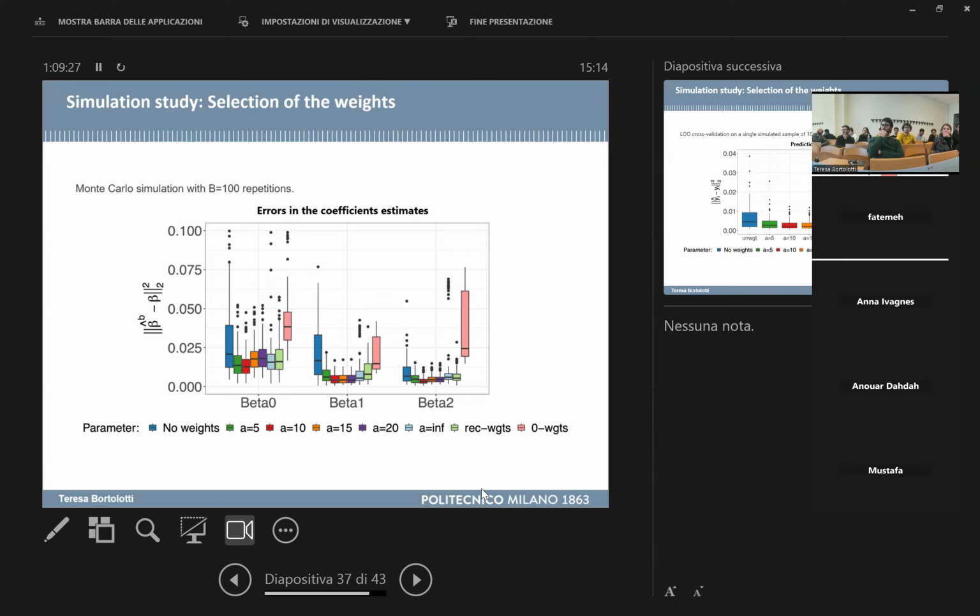Yes. But what to me is strange is that there's also no clear pattern. For example, A equal to 15, which is the one that by cross-validation should be the best, is not actually the best for every coefficient. Yes. Do you have an explanation?